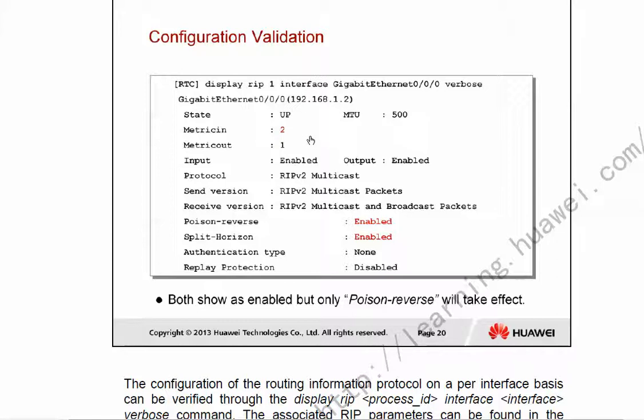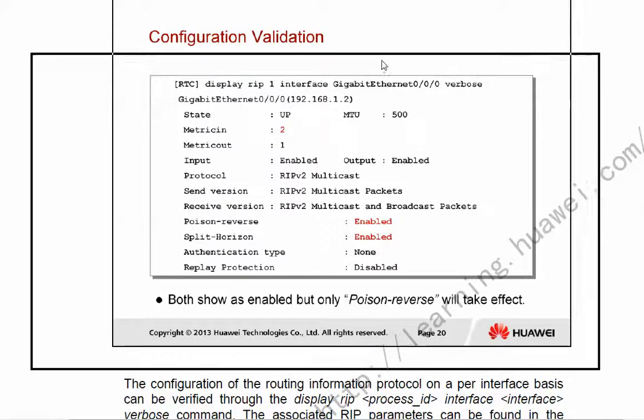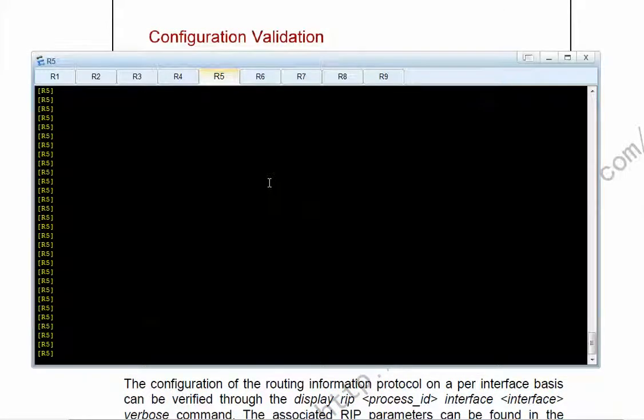Now we can check the status of the RIP and their interface. So display rip 1 interface Ethernet 0/0/2.